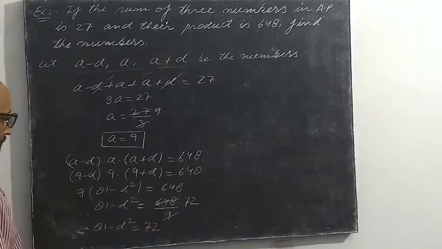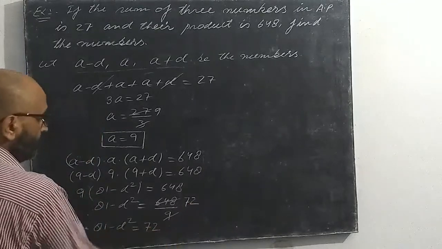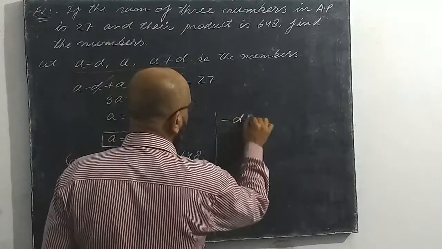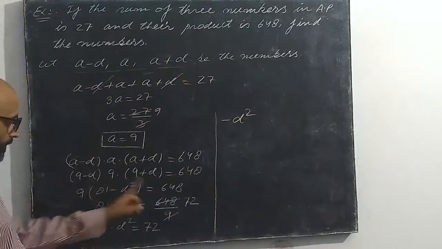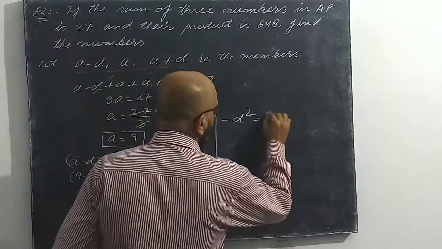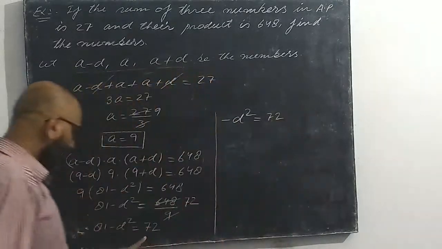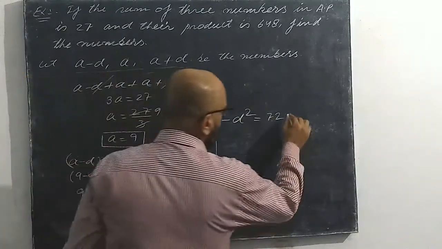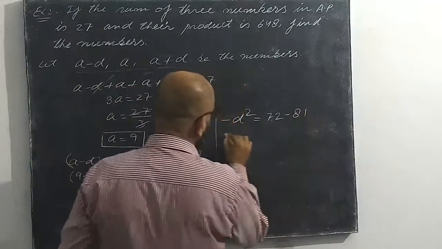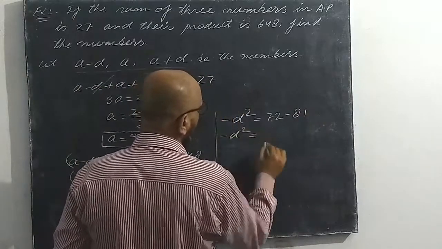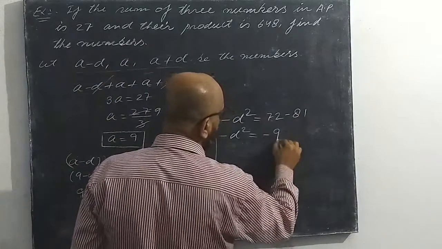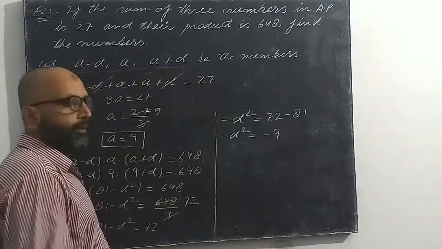72. So transposing 81 to that side, we have minus d square on the left hand side, and on the right hand side we have 72, which was already there, and we have transposed 81 to the right hand side, it becomes negative. So minus d square is equal to 72 minus 81 is equal to minus 9, because negatives are more than positives.